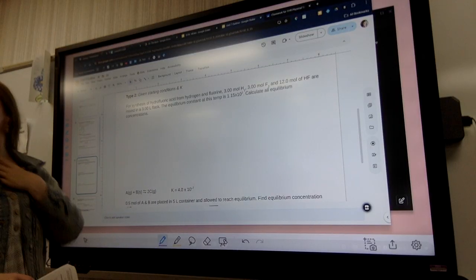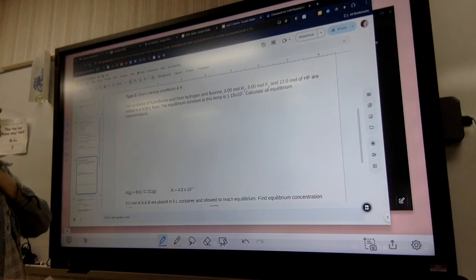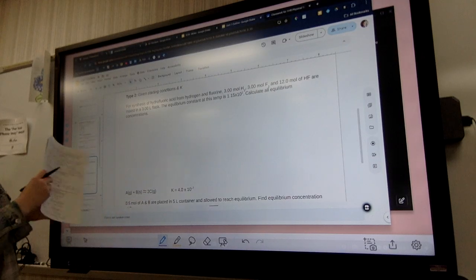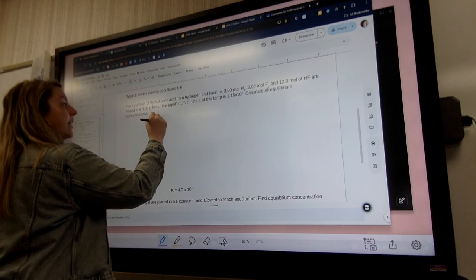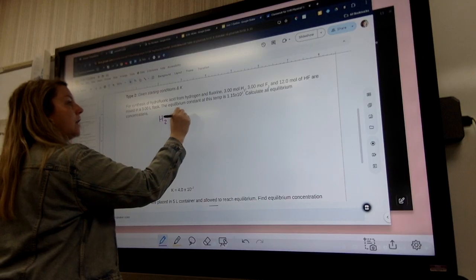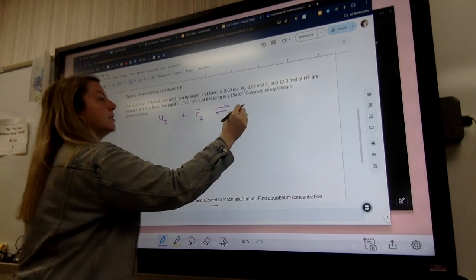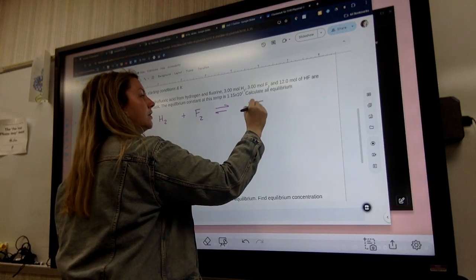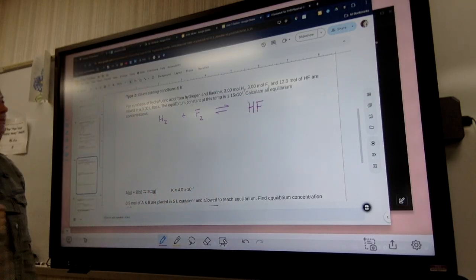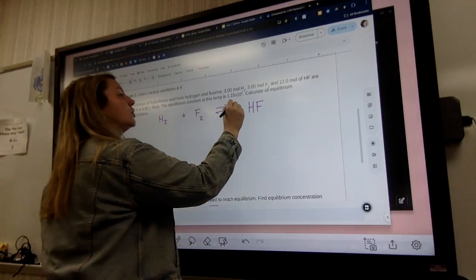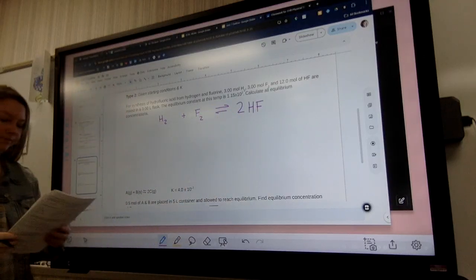So use your context clues to help you out. So we do need to write out the balanced equation for this. So we're going to have H2 plus F2 yields HF. So what do we need to balance? Just a 2 for our HF.